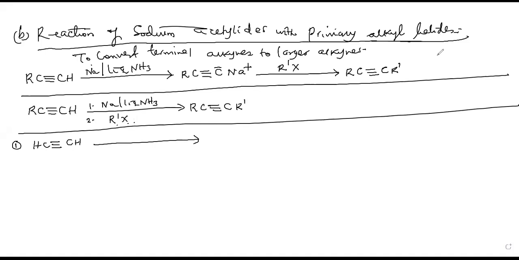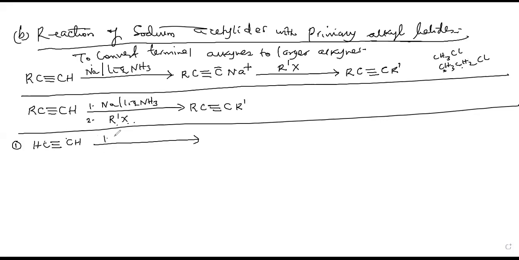If you add an alkyl halide like CH3Cl, it will add 1 carbon, so it will be CH3C triple bond CH. But if you add something like CH3CH2Cl, it will add 2 more carbons. So if you use these, you're going to get 2 more carbons in that alkyne.